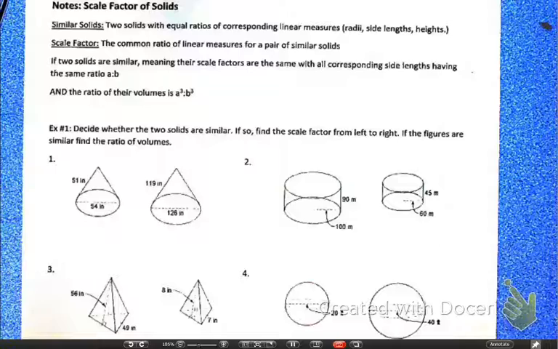Okay? So if two solids are similar, meaning their scale factors are the same, all the corresponding side lengths have the same ratio A to B. So if they're similar, when we set up a ratio comparing all of the different measurements, the ratios will be the same if they are similar.